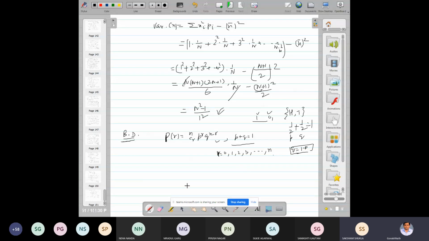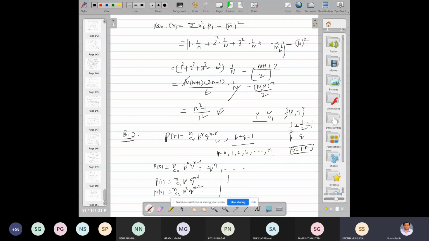Now with the help of this we can calculate the probability of 0 successes, nC0 p to power 0 q to power n minus 0, that is q to power n, and the probability of 1 success, nC1 p q to power n minus 1, and the probability of 2 successes, nC2 p square q to power n minus 2, and so on.